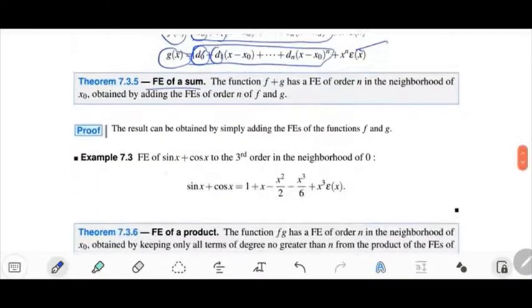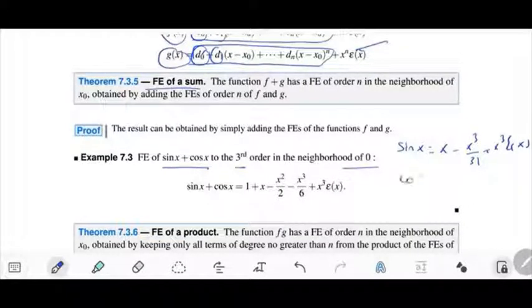Example, if we take sine x plus cosine x to the third order in the neighborhood of 0, we take the expansion of sine x, which is x minus x^3 over factorial 3 plus x^3 epsilon of x, and then cosine x, which is 1 minus x^2 over factorial 2 plus x^3. The term x^3 has a 0 as coefficient, so it's plus 0 x^3 plus x^3 epsilon of x.